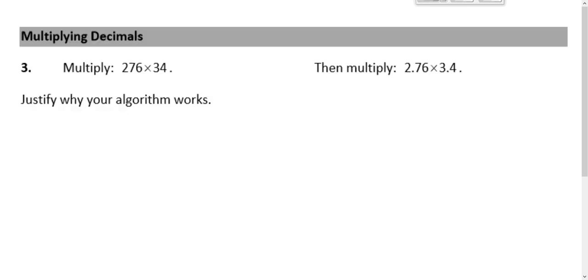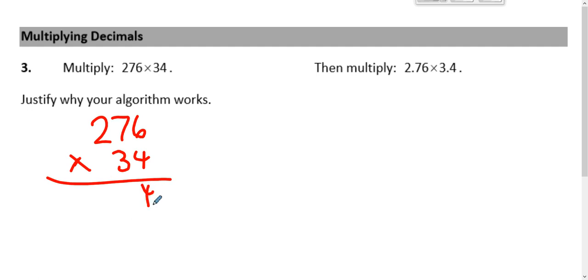When we multiply, let's remind everybody how we multiply. 276 times 34, and we're saying, okay, I remember how this goes, right? 20 plus 2 is 30, and then 8 plus 3 is 11, and then 3 times 6 is 18, but that 8 goes here, right?